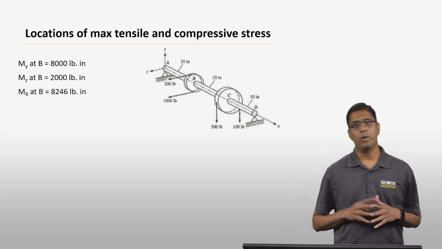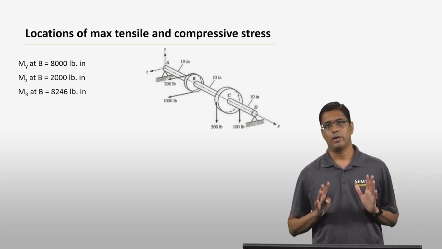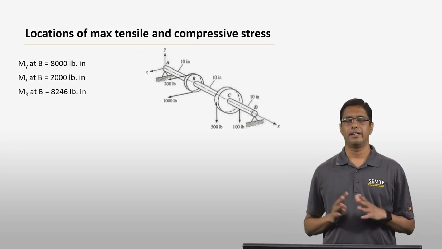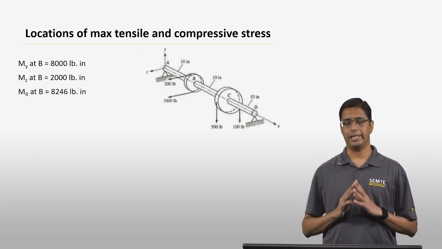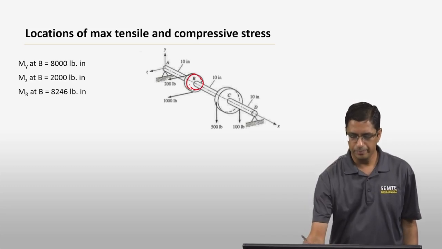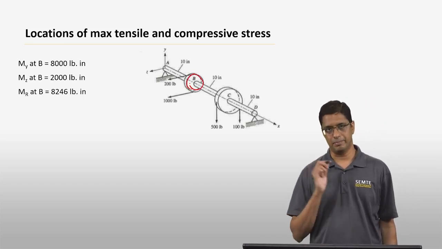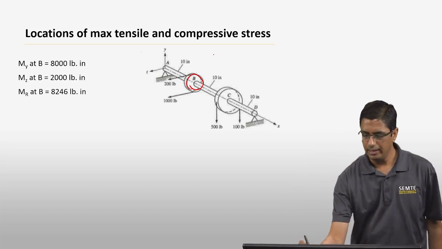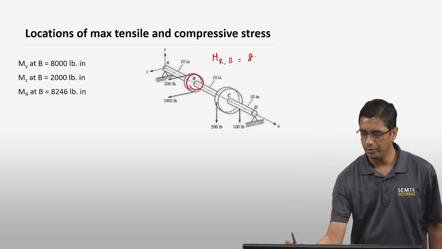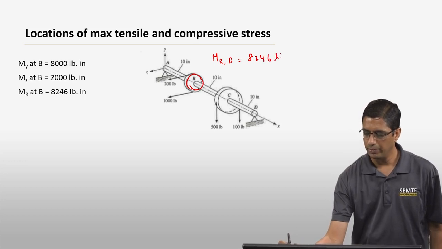Okay, so now what we have done is we have found out what is the location along the axis of the shaft where the maximum internal bending moment occurs. And in this case, it turns out that it is at this point B that you essentially have the maximum bending moment. And we know that the MR at B is basically equal to 8246 pound-inches.